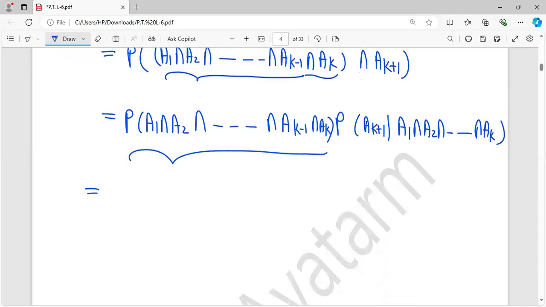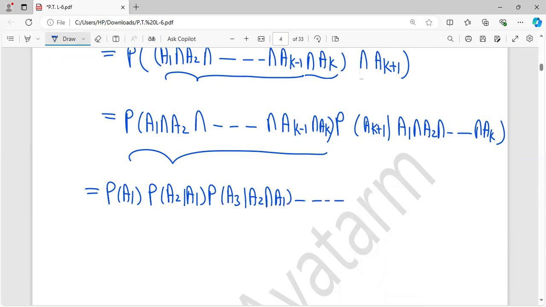What is the value of this one? P A1, P A2 relative to A1, P A3 relative to A2 intersection A1, like that. So what is this? P AK relative to A1 intersection A2 intersection A3 intersection up to intersection AK minus 1.